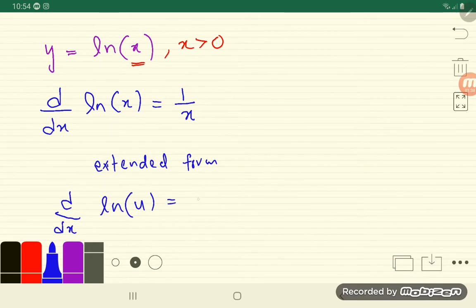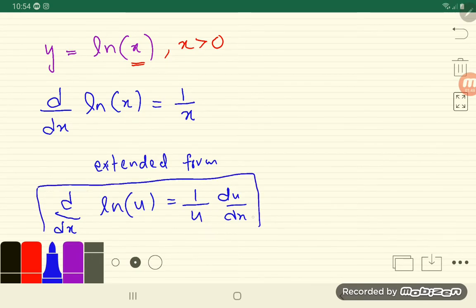So here we are going to get 1 over u du over dx. So this is the most important formula that we are going to use.